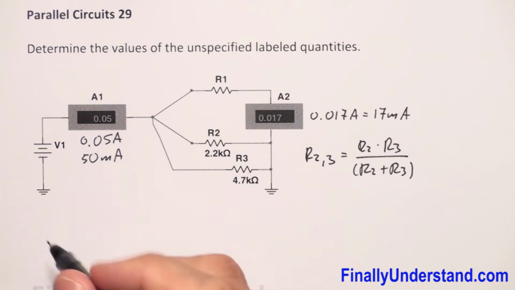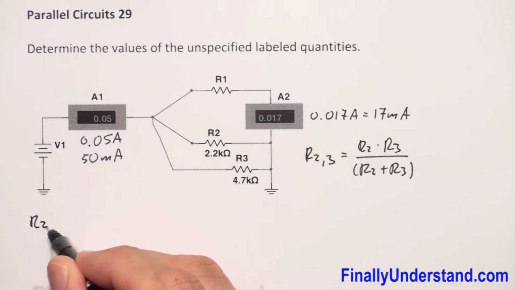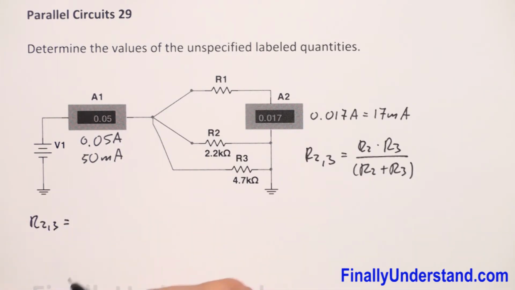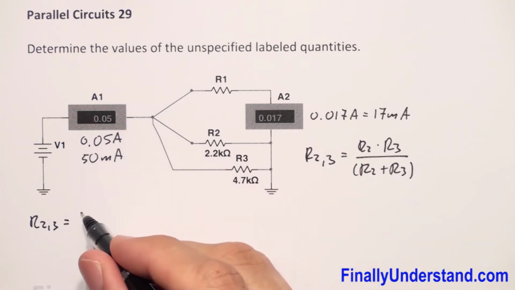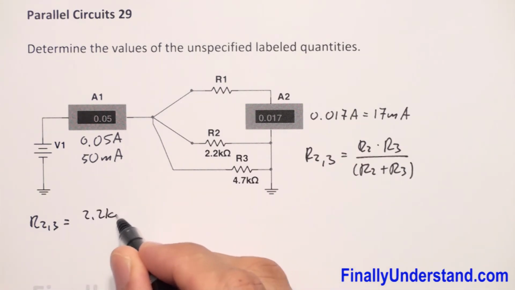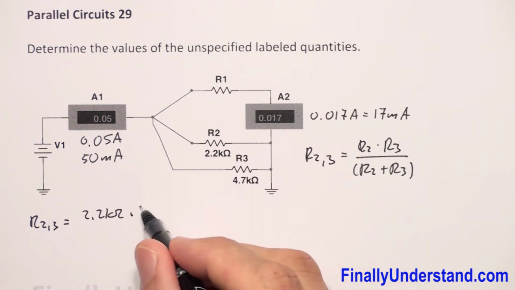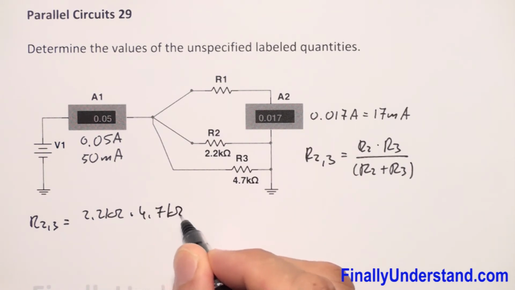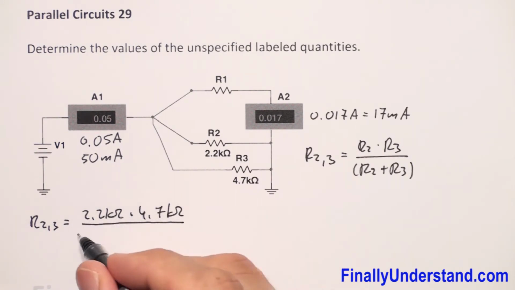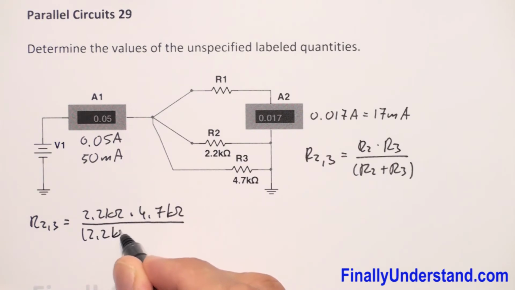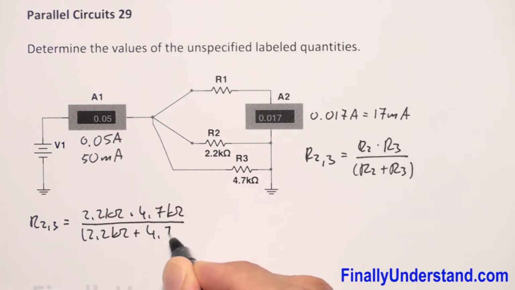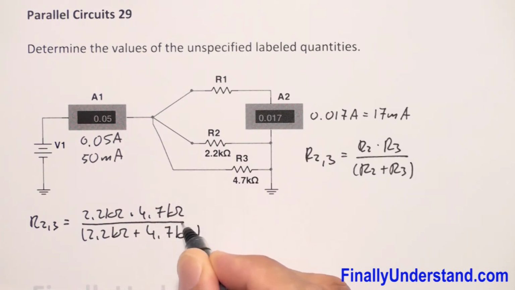So R23 is equal to R2, 2.2 kilo ohms, times 4.7 kilo ohms over 2.2 kilo ohms plus 4.7 kilo ohms.